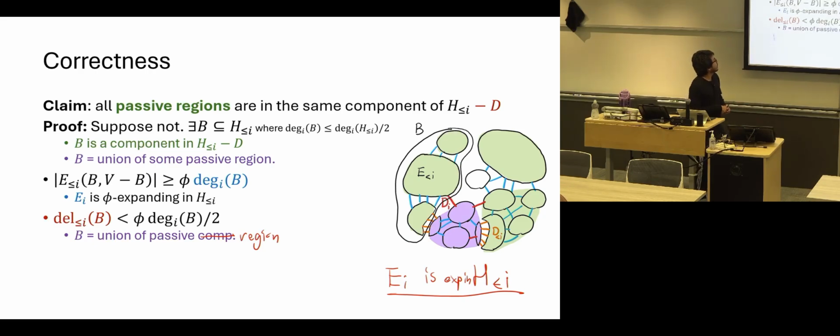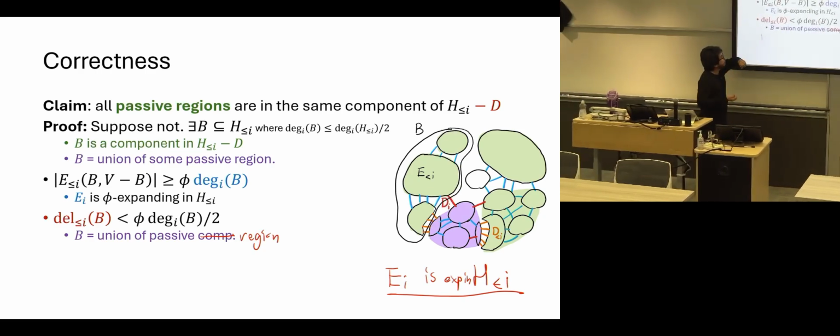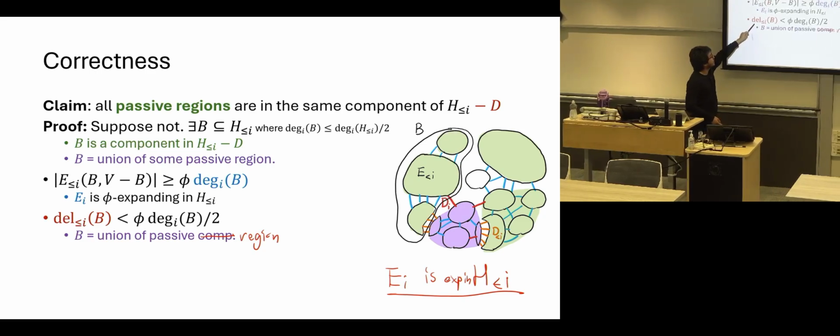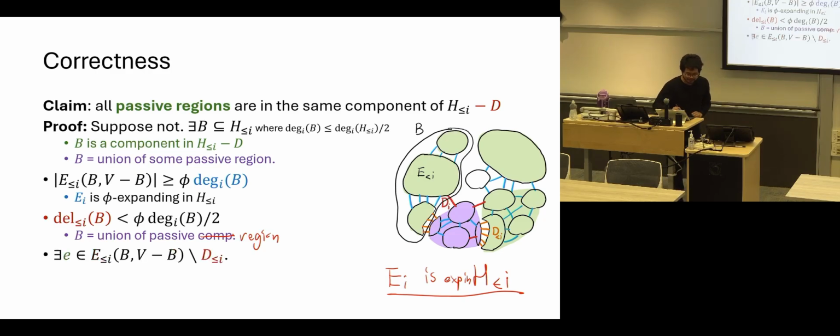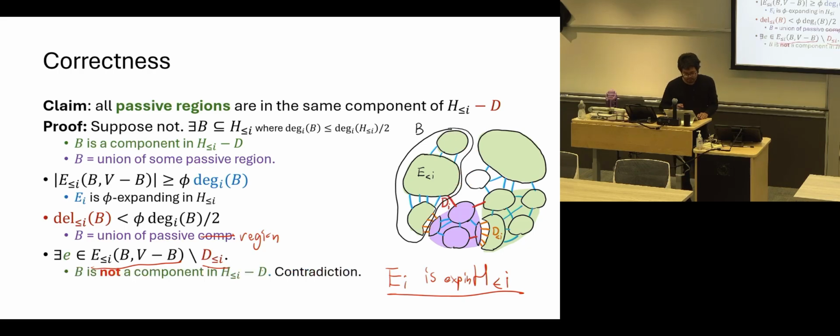There are a lot of cut edges crossing, but the edges that are deleted incident to B are few. So there must exist some edge crossing B that is not deleted. So it means that B is not a component.